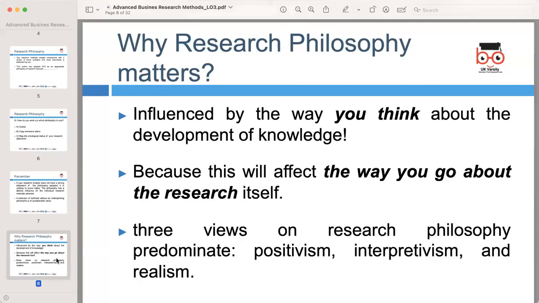Next one is why research philosophy matters. It is influenced by the way you think about the development of knowledge, because this will affect the way you go about the research itself. And number three, views on research philosophy predominate: positivism, interpretivism, and realism.